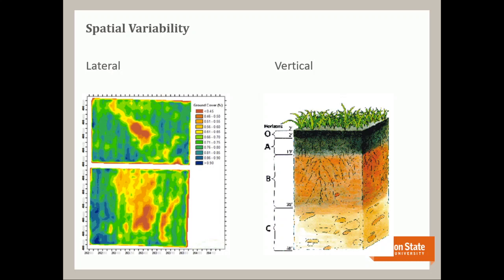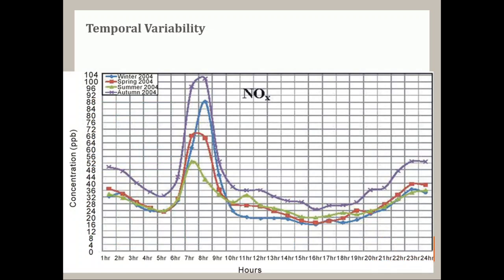If we are looking for the spatial variation in our field from one point to another at a distance, this is the lateral spatial variability. If we are digging the soil and working on the root zone or the unsaturated zone of the soil, this is called vertical spatial variability.